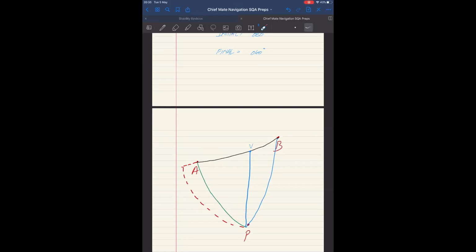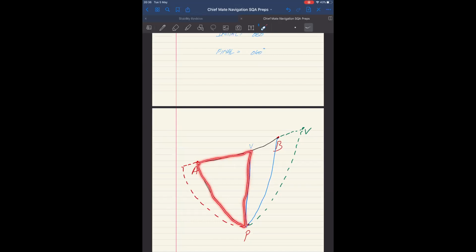If the vertex lies at an imaginary point, let's say maybe after B, somewhere like this, somewhere here, then we won't be able to obtain the longitude of the vertex by solving this triangle.